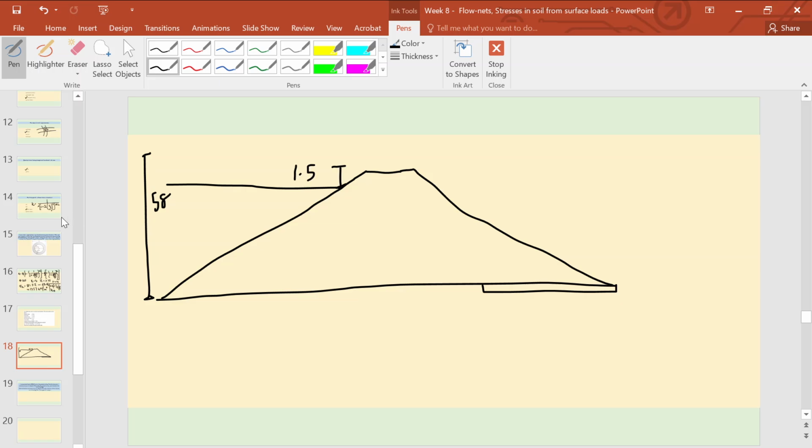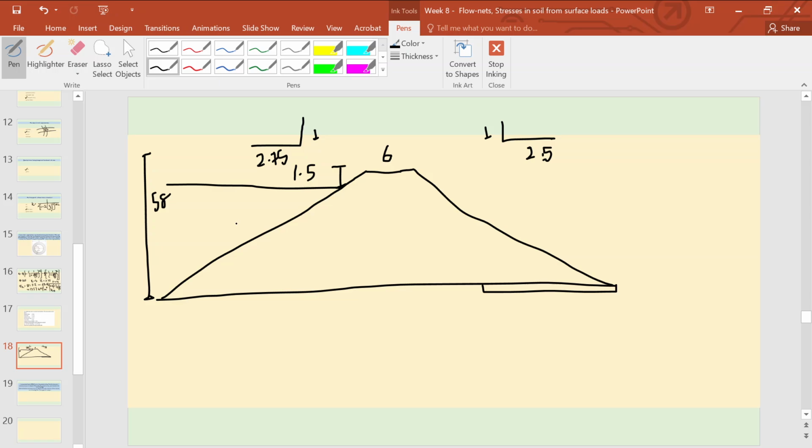The crest width is 6 meters. Now in the upstream, the horizontal to the vertical slope is 2.75 to 1, right? And on the downstream side, the slope is 2.5 to 1.